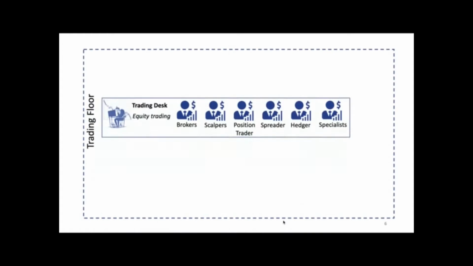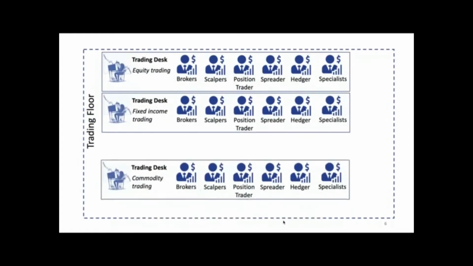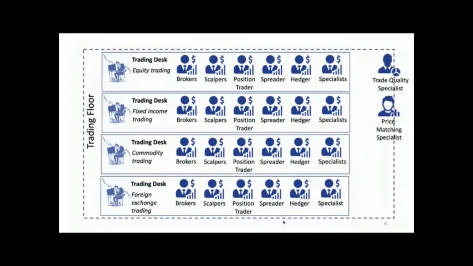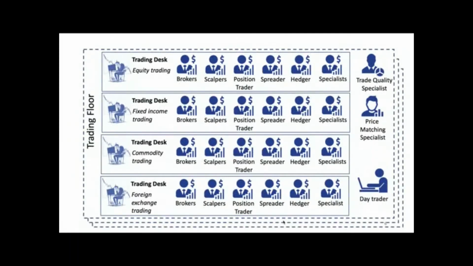To give a sense of the complexity of the trading floor, there are multiple types of trading desks. For example, equity trading desks would handle everything from equity trading to exotic options trading. Fixed income trading desks would handle government bonds, corporate bonds, and other bonds and bond-like instruments that pay a yield.